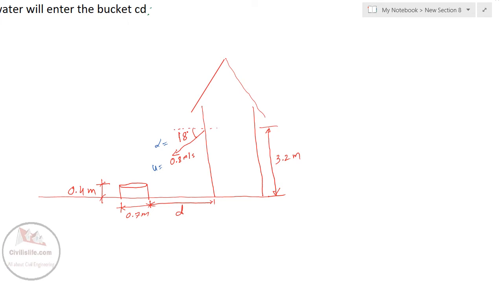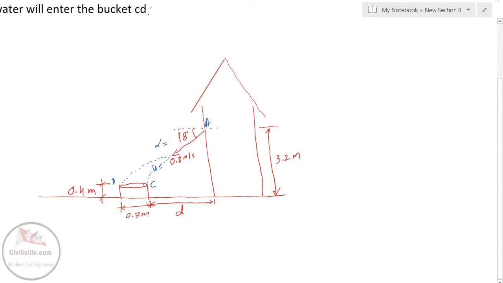Either this water jet will enter through this point. If I call this A and this C and this D point, either this water jet has to enter the bucket through point C or it has to enter the bucket through point D.